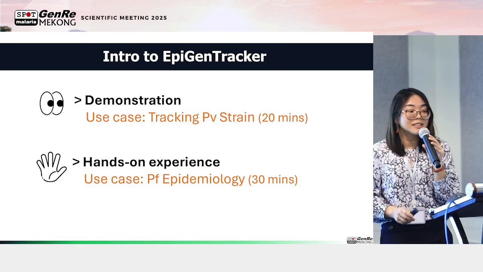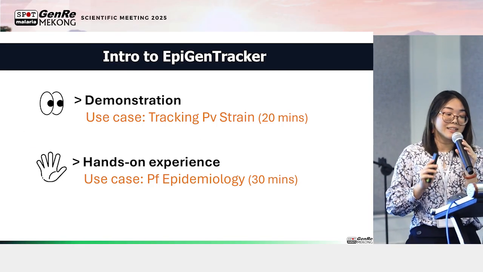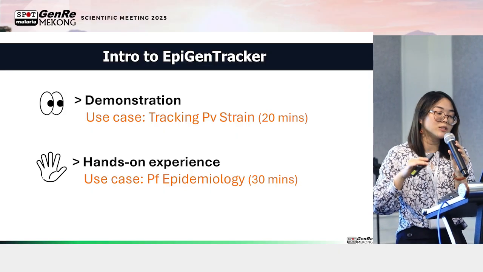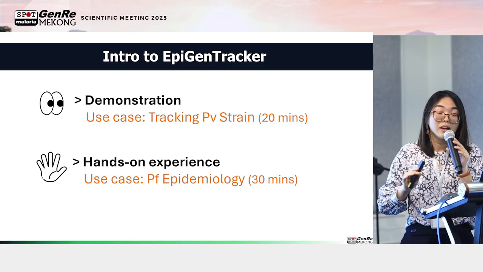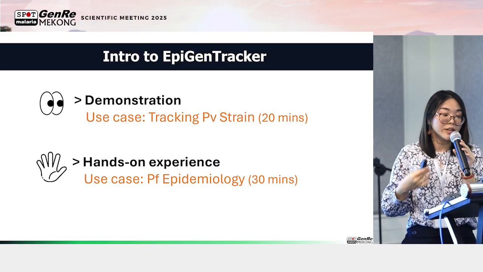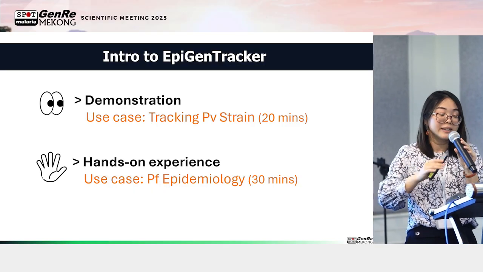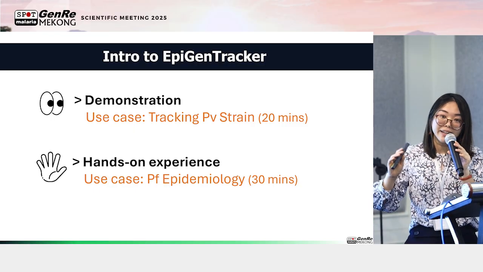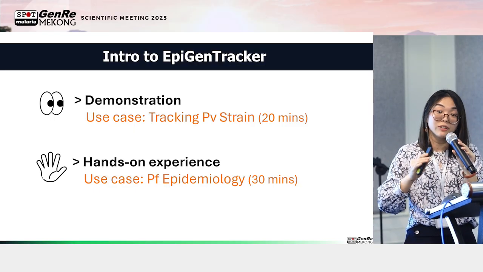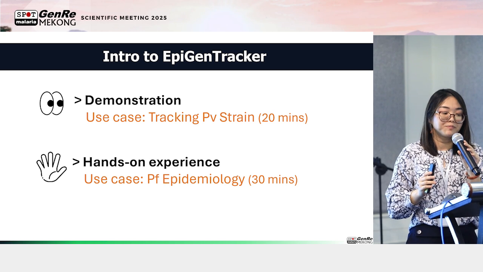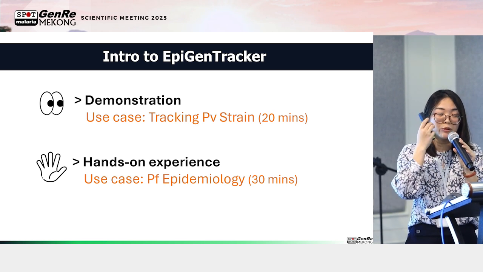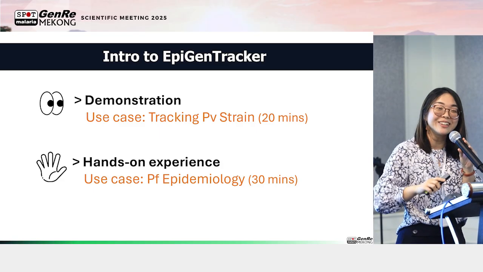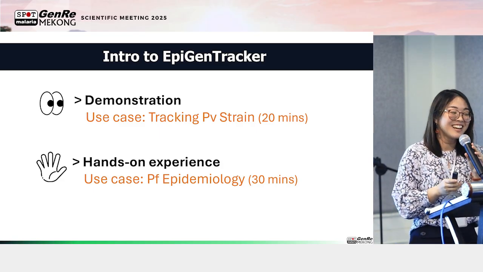Okay, so now that you have seen what EpiGenTracker is designed for and the kind of data it needs, we are going to move into the practical part of the session. We will begin with the live demonstration where I will walk you through the application using an example use case of tracking the PV strain over time. For this part of the demonstration, I would like to ask everyone to really pay attention to my screen before doing things because it's a lot of information.